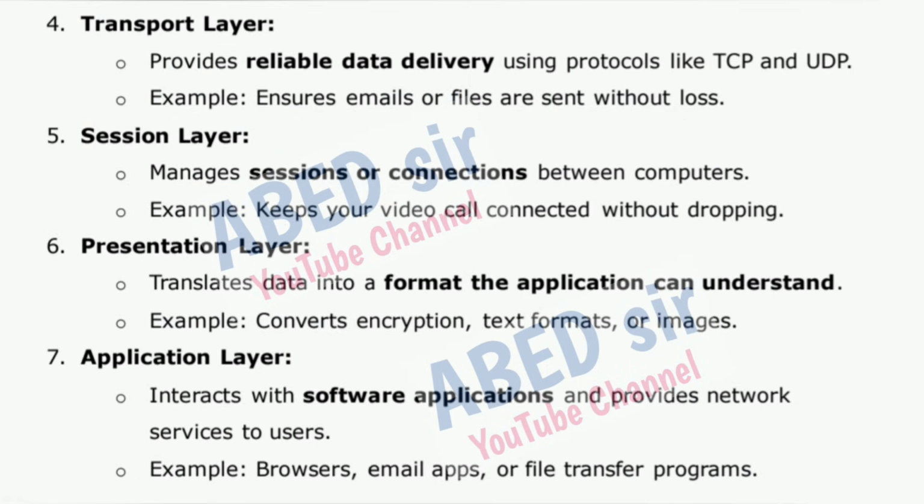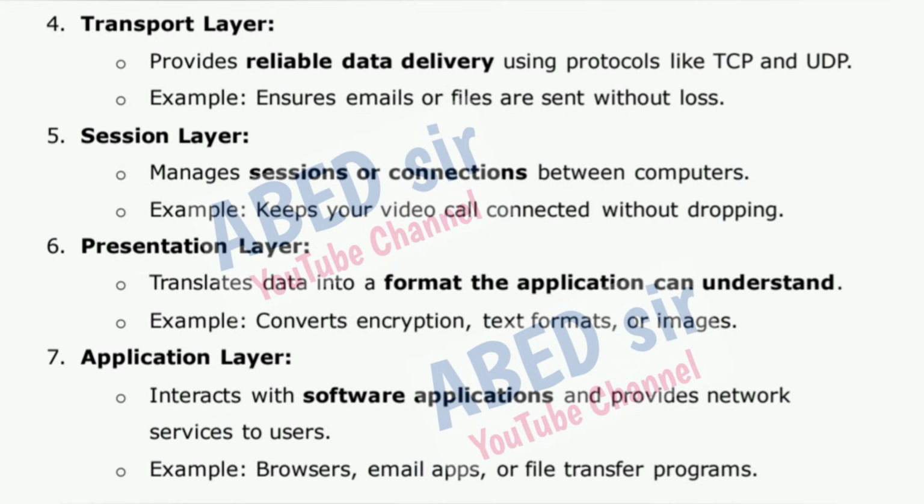4. Transport layer. Provides reliable data delivery using protocols like TCP and UDP. Example, ensures emails or files are sent without loss. 5. Session layer. Manages sessions or connections between computers. Example, keeps your video call connected without dropping. 6.